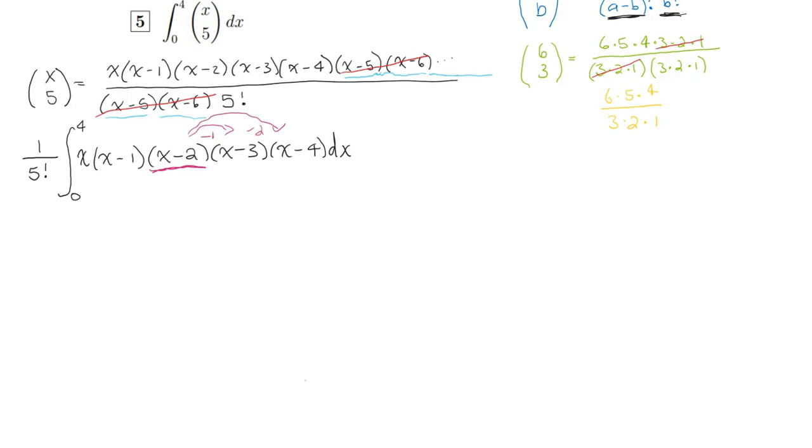If we move one term to the left, we added 1, and if we move 2 terms to the left, we added 2. So it would make sense to write this using a u substitution, where x minus 2 is the simple one written as u, and the other terms being multiplied by that are either u plus 1 or u plus 2, or on the other hand, u minus 1 or u minus 2.